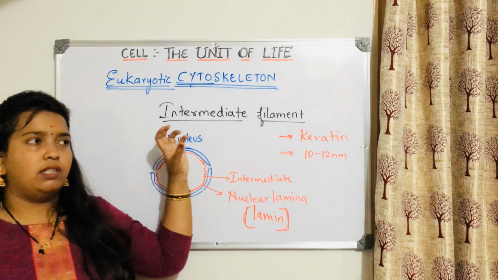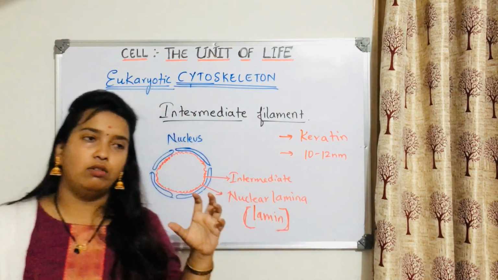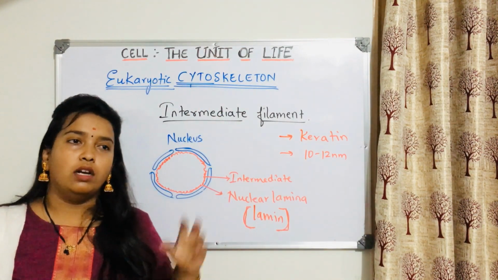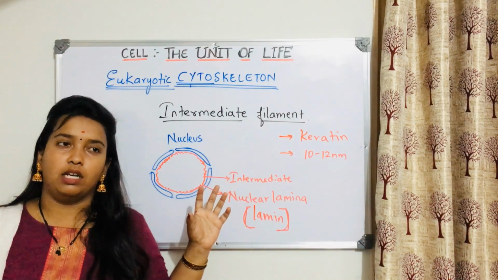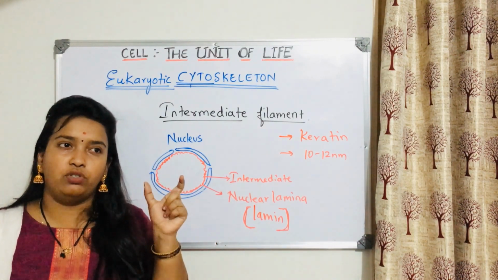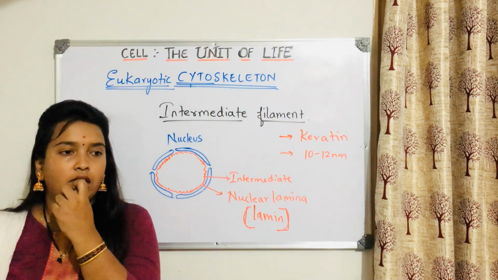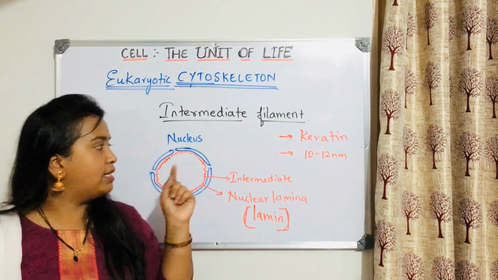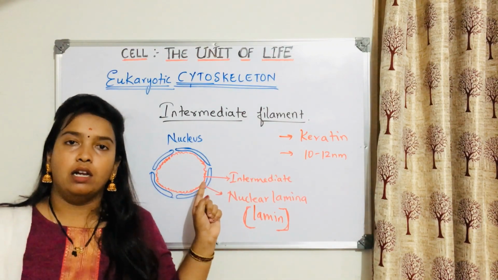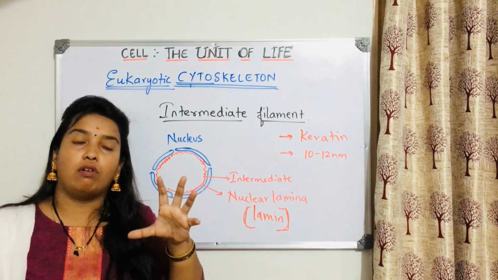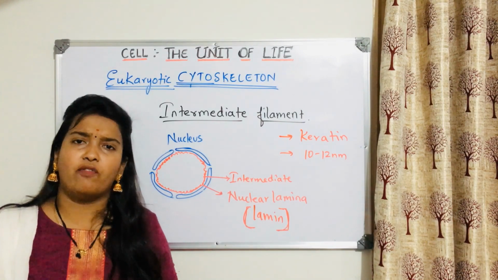Understood? That is this intermediate filament. If you compare those two, it is not dynamic in function. It is very strong, and for example, if it is present here, it will not allow more, it is not flexible.